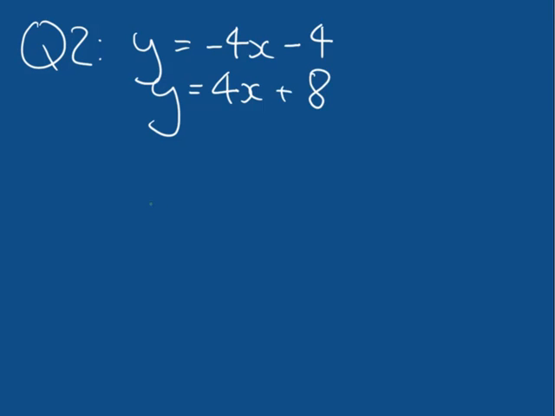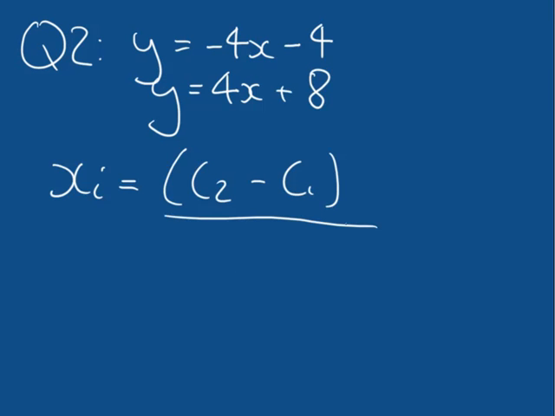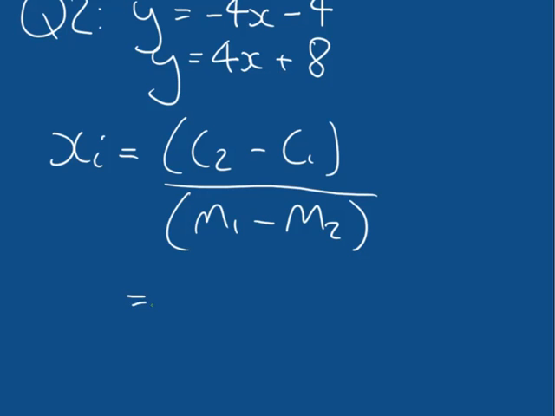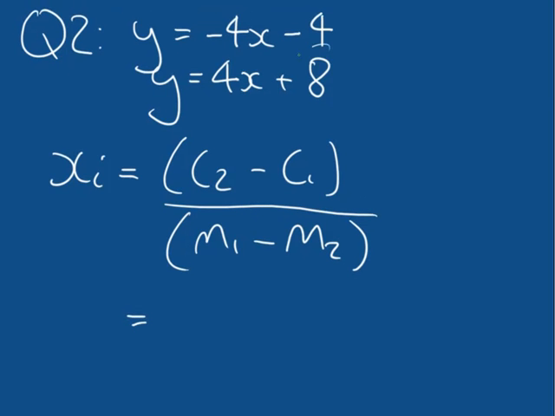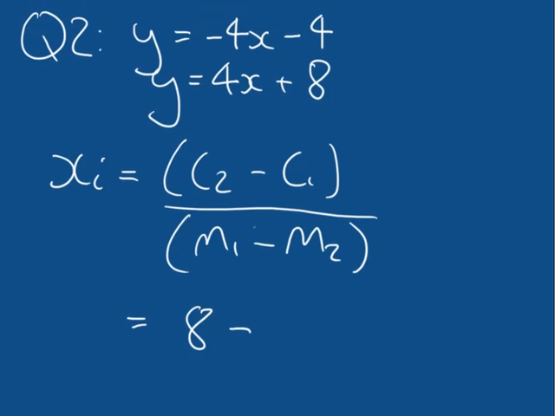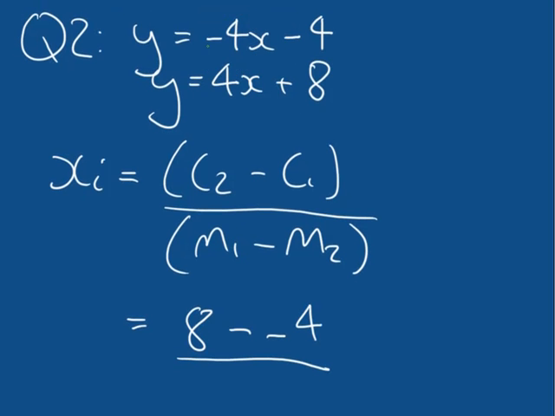Okay, welcome back everyone. So again, we know our equation for xi is equal to c2 minus c1 over m1 minus m2. So that's going to be equal to c2 is 8 minus c1 is minus 4, so 8 minus minus 4 over m1 is minus 4 minus m2 is 4.